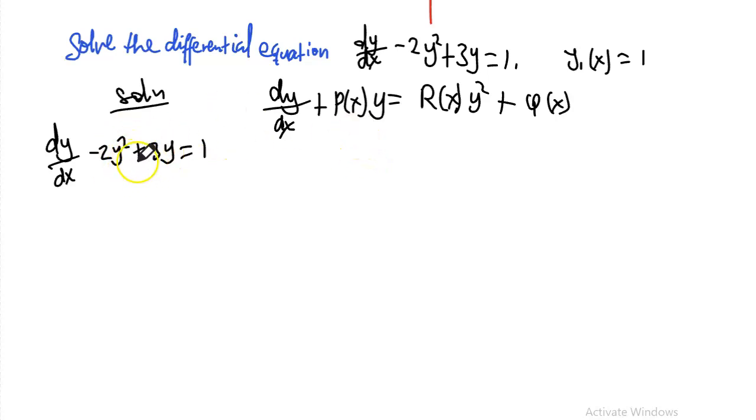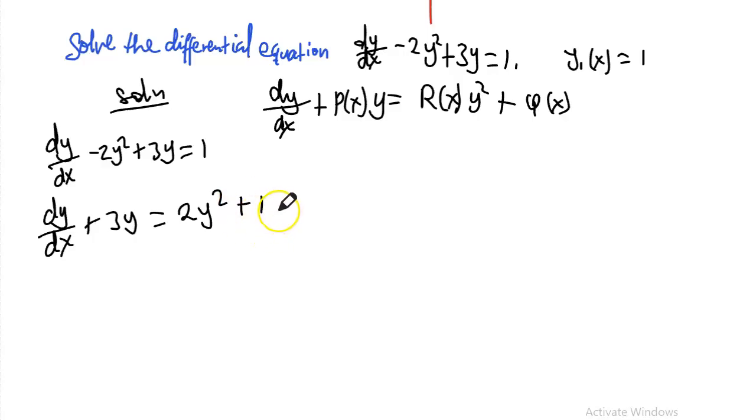So to do that, I will have dy/dx plus 3y, and this will be equal to, taking this negative 2y squared to the right hand side, it becomes positive 2y squared plus 1.